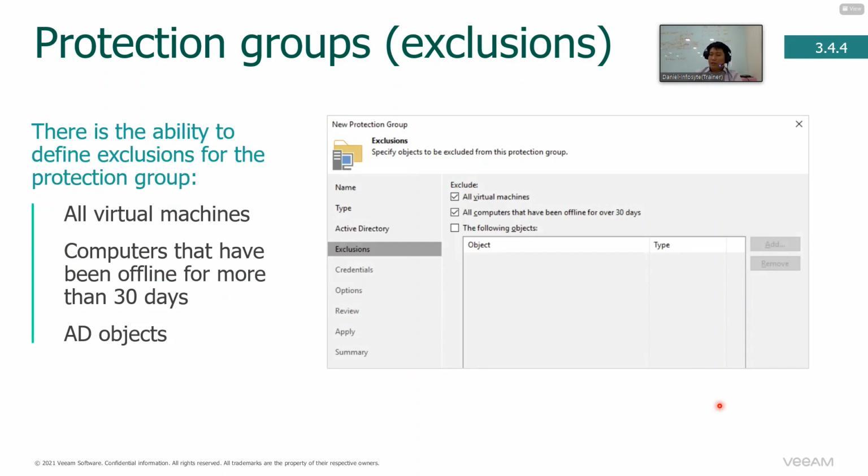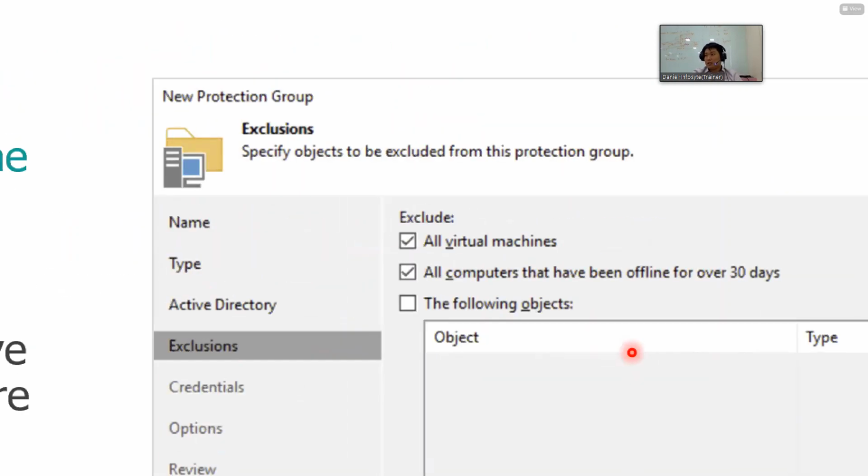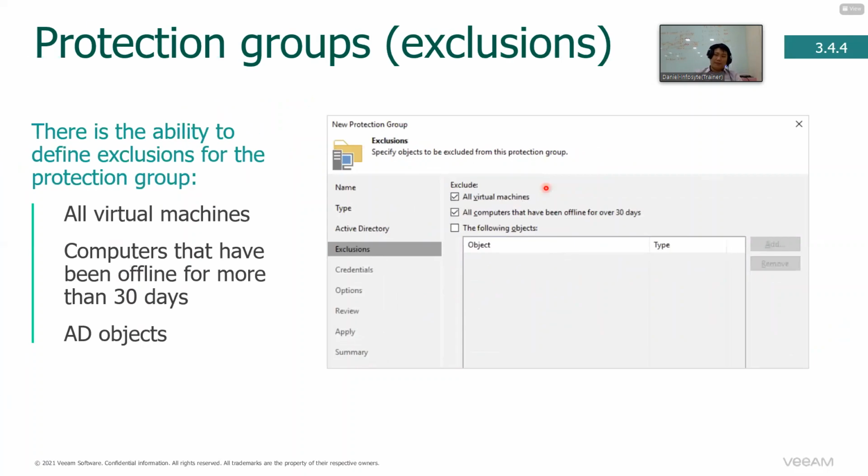Now by default, you will see virtual machines will be selected as an excluded item here, as you can see. Now, because if it is a supported virtual environment such as VMware or Hyper-V, we are supposed to use image level backup. Okay, due to certain restrictions, such as maybe you're utilizing some failover cluster technology on the VM such as Microsoft SQL Always On, maybe you are required to use an agent to do a backup because they are not able to support shared VMDK, virtual machine snapshot, for example.